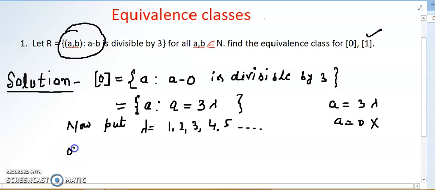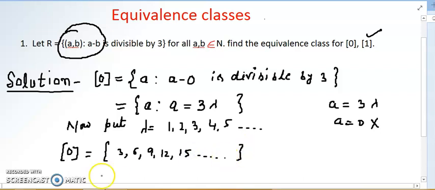So the equivalence class of 0 is: put 1, that is 3, put 2, 6, 9, 12, 15 and so on. All right, so this is the equivalence class for 0, and you can check your answer.